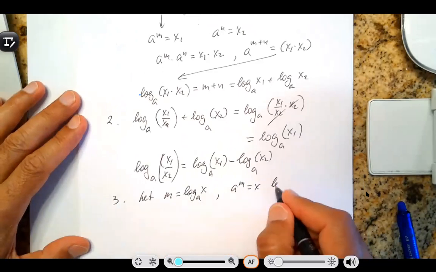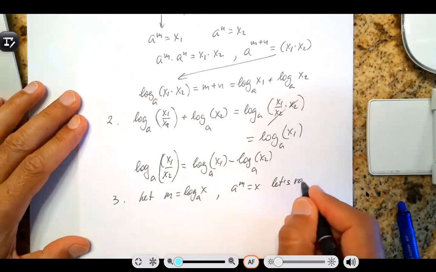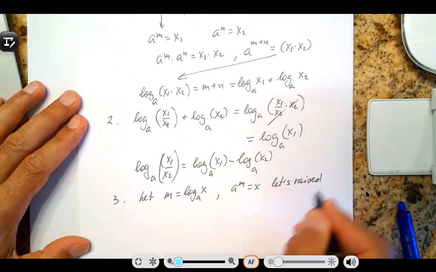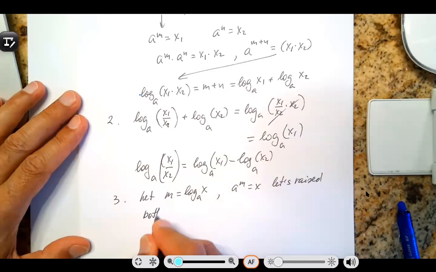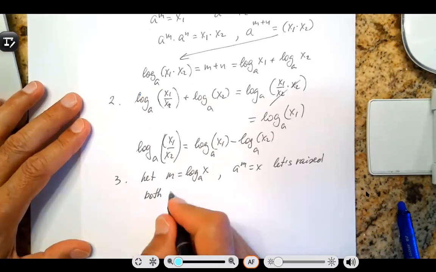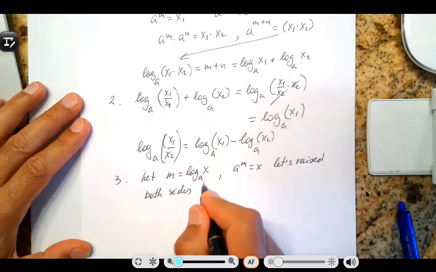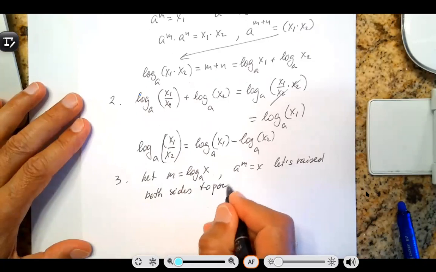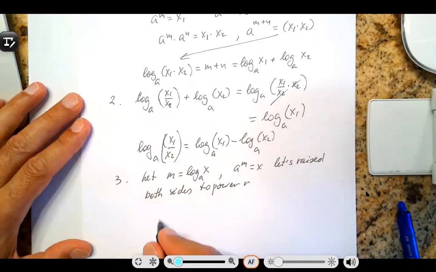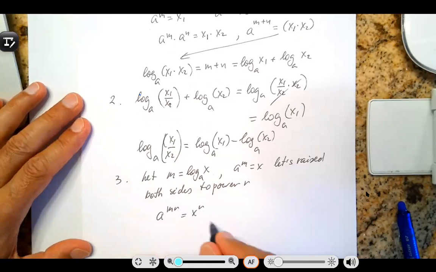Let's raise both sides to power r. Then we get a to the power m times r equals x to the r. Now let's move to logarithm statement.